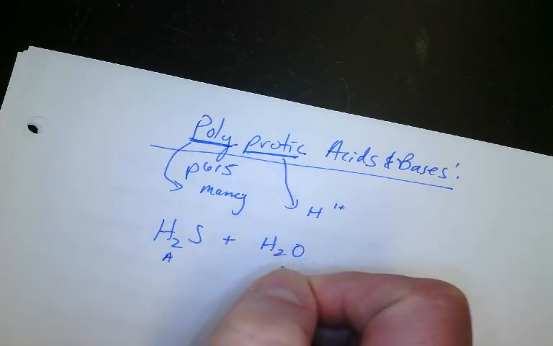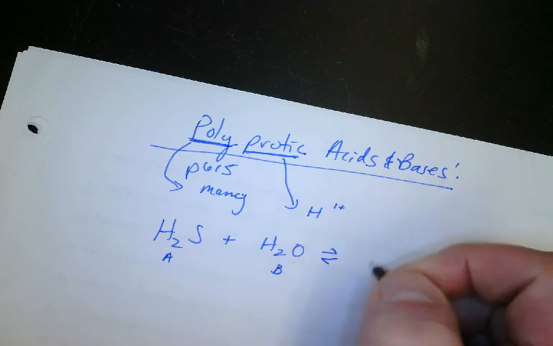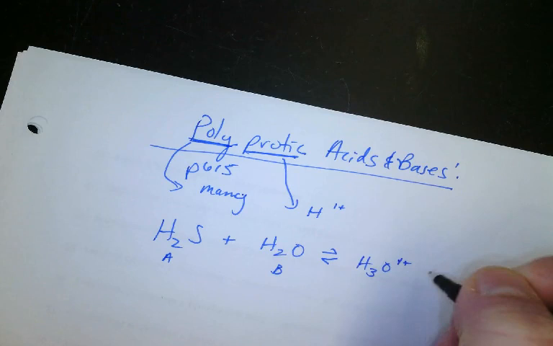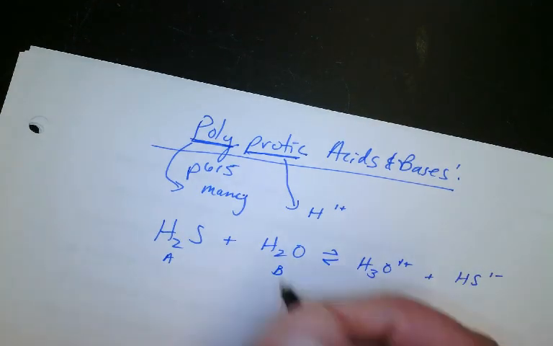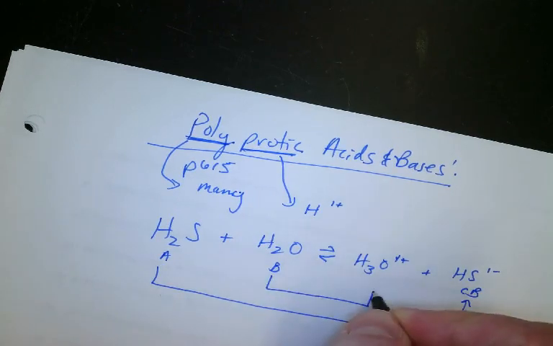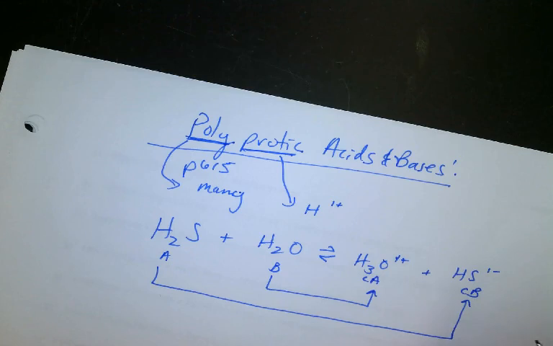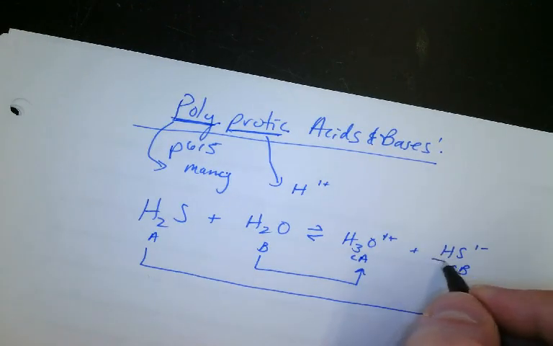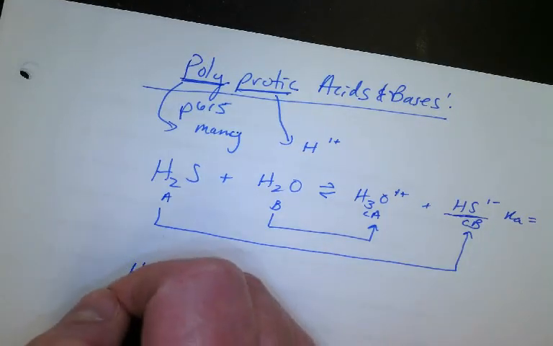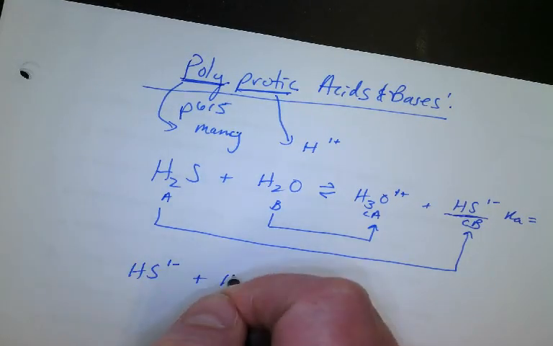If this is an acid and our water is a base, let's go through and do the acid thing. Notice this would have a Ka, but I still have another hydrogen to give away.